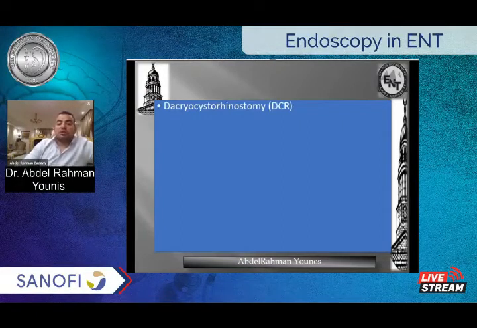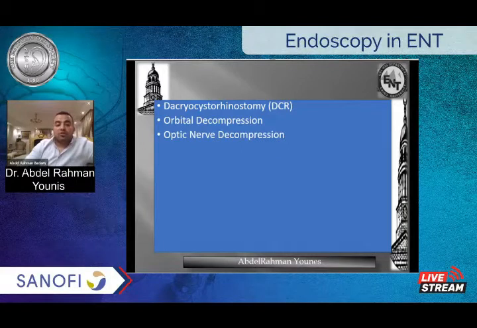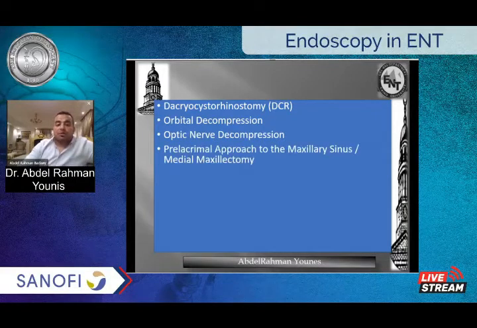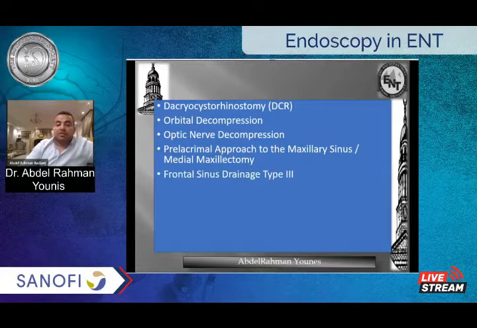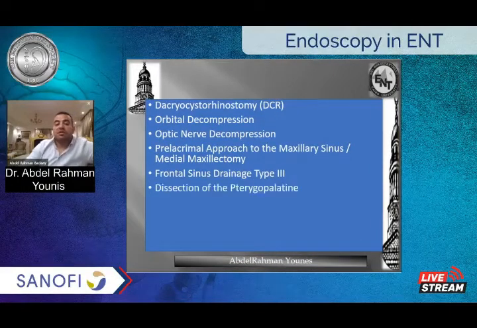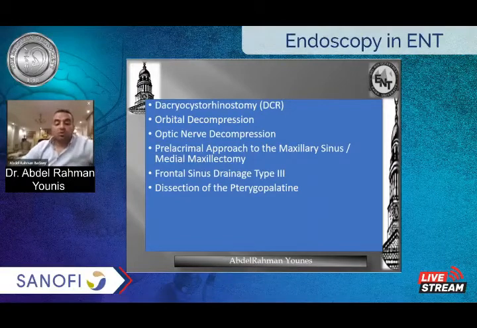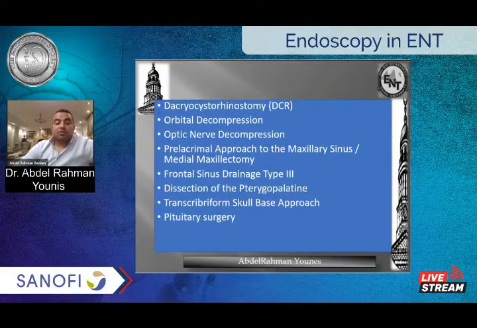It includes DCR, dacryocystorhinostomy, orbital decompression and transorbital approaches, optic nerve decompression, a prelacrimal approach to the maxillary sinus and medial maxillectomy, frontal sinus drainage type 3, and a modified approach to reach the lateral part of the frontal sinus, dissection of the pterygopalatine fossa and transpterygoid approaches, transcribriform skull base approaches, and pituitary surgery and carotid dissection.